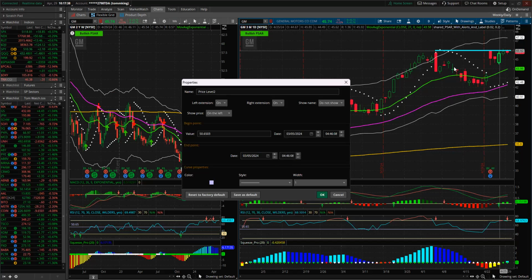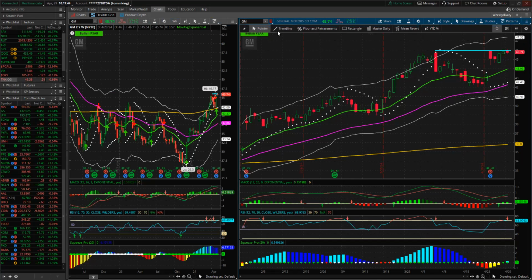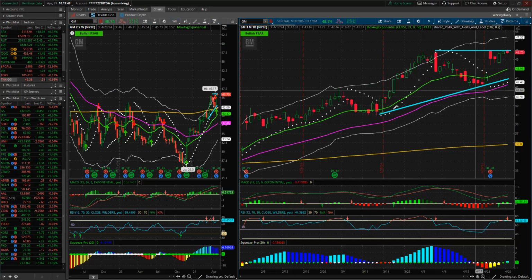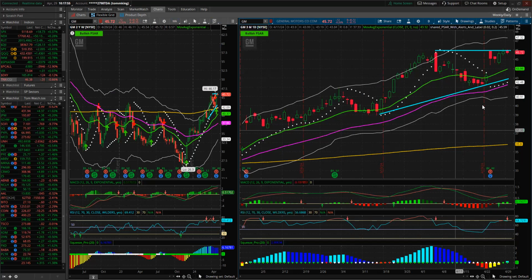I'd want to see a break of this resistance level, though, personally. So you have a bit of a rising or ascending triangle here, absolutely. So if we break to the upside, I think this thing's a good opportunity. I think I got to wait on this. So you got to break the resistance here.